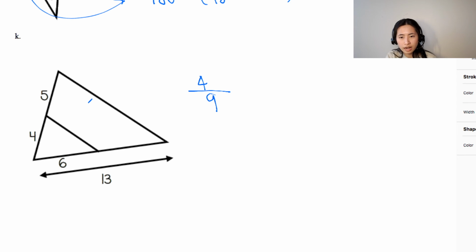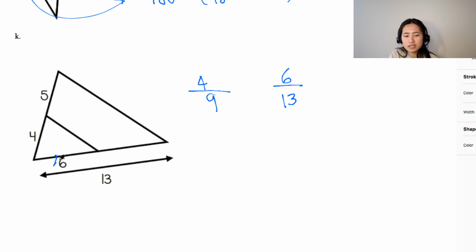And because you're comparing 4 over 9, you're also comparing this 6, which is coming from this side of the triangle, divided by 13. You don't necessarily need to look for this dimension because all you care about is the whole thing, so it's only this and 13. So it's 6 over 13.